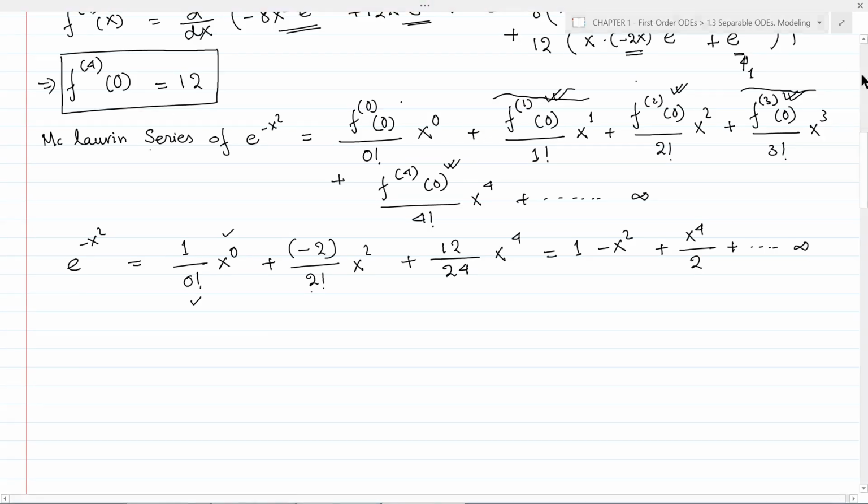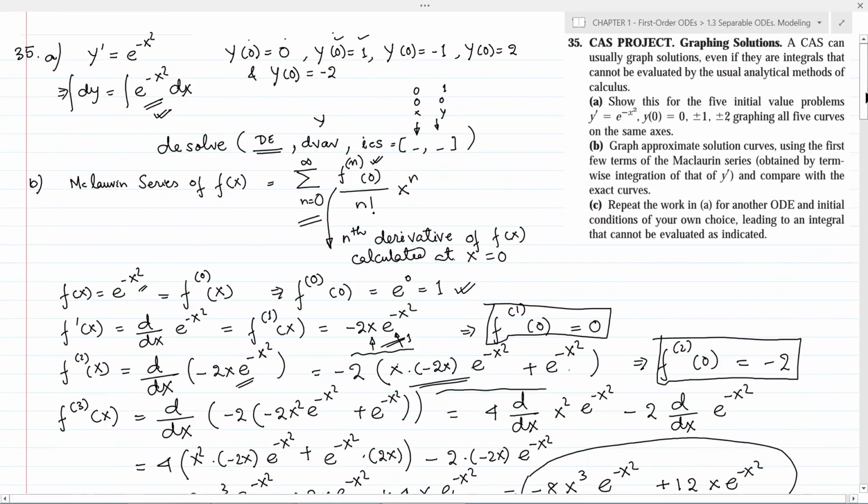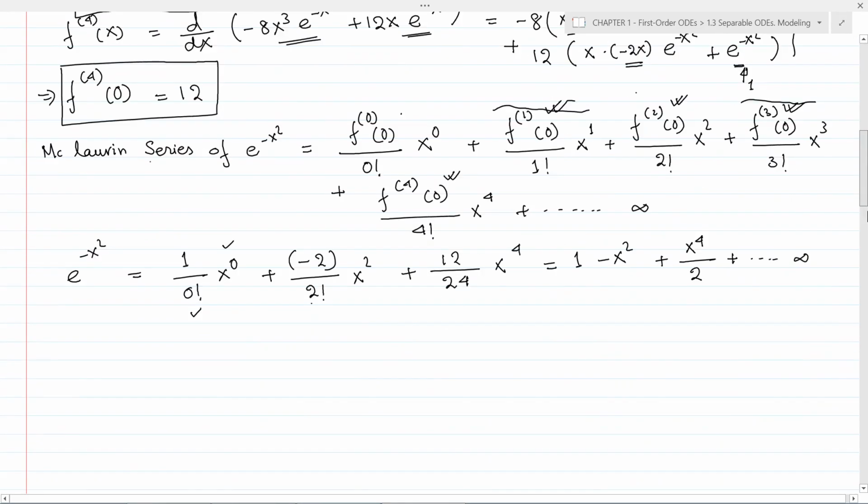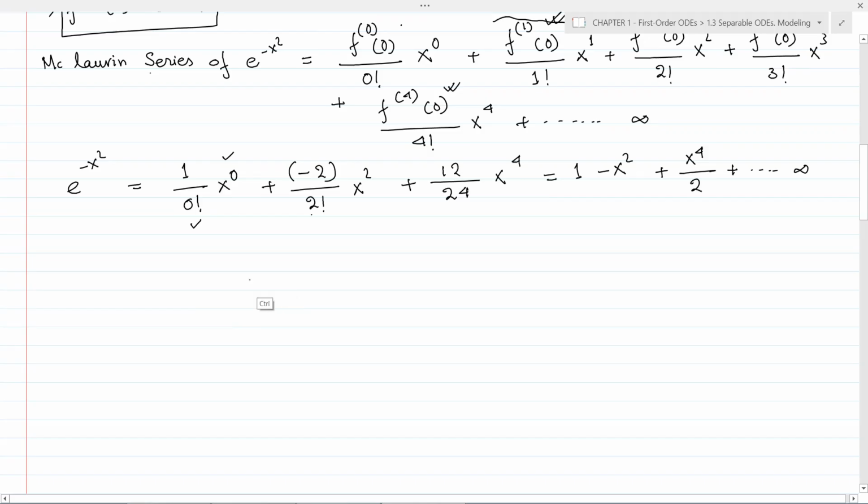Now, the question is saying to take the first few terms of the Maclaurin series. So now we have obtained the first few terms of the Maclaurin series. So we can write e to the power minus x square approximately equal to 1 minus x square plus x to the power 4 by 2. We have taken the first 5 terms of the Maclaurin series, and this is the approximate value of e to the power minus x square.